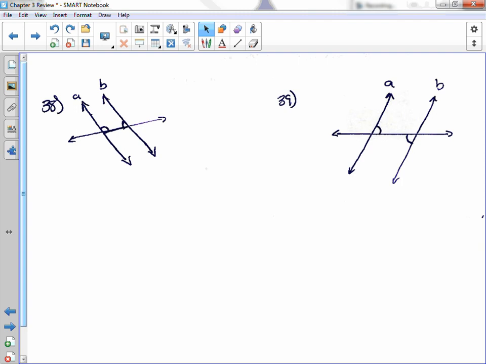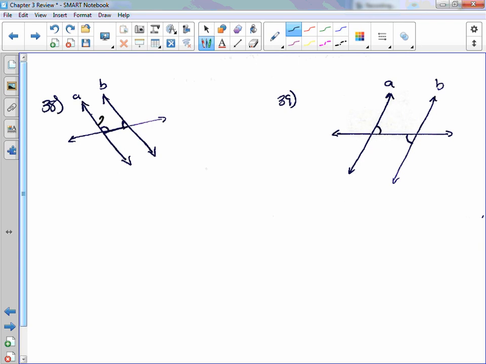Because it's very tempting to say, and I kind of wanted to set it up so that it would be, yes, the consecutive interior angles. But will it always be the case that those two angles being congruent will make the lines parallel? Because what if they were both 20 degrees? Let's see what happens.